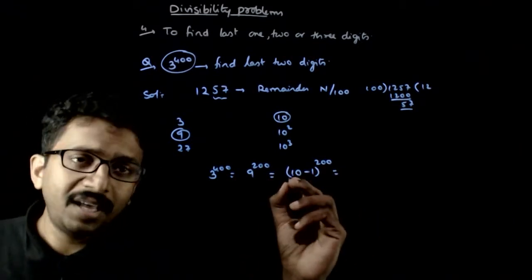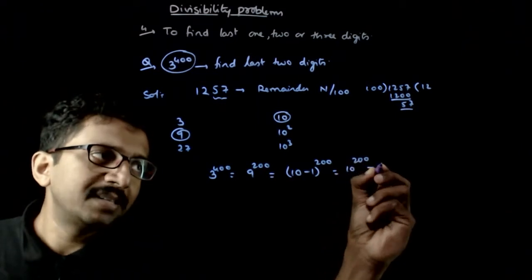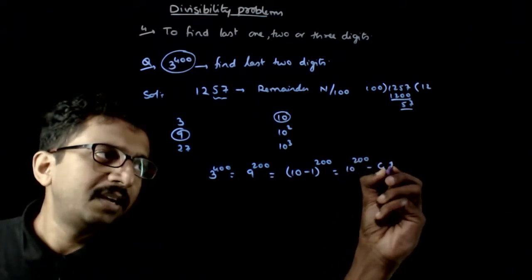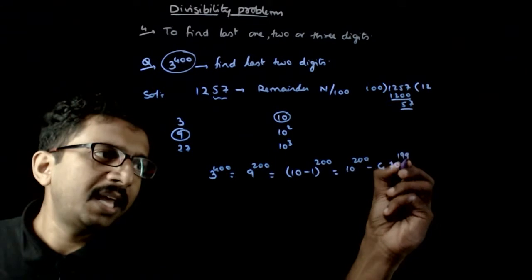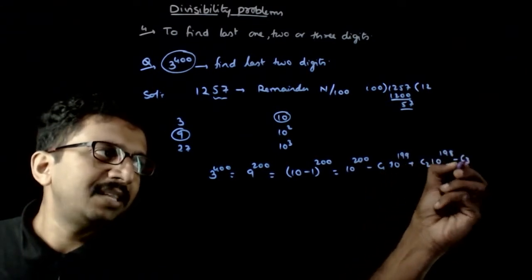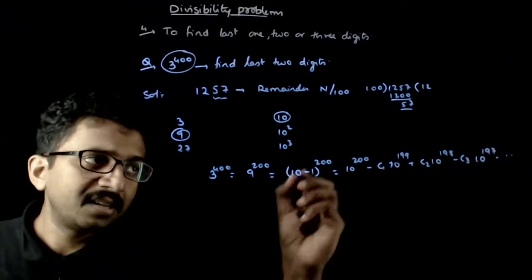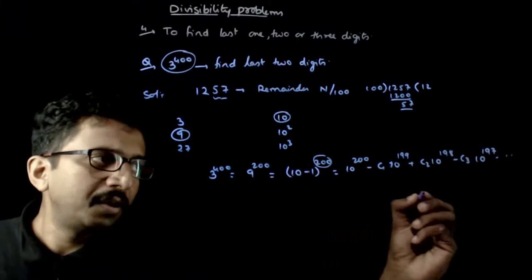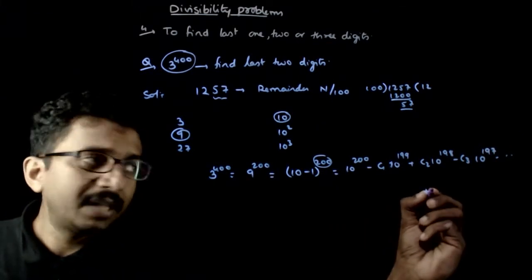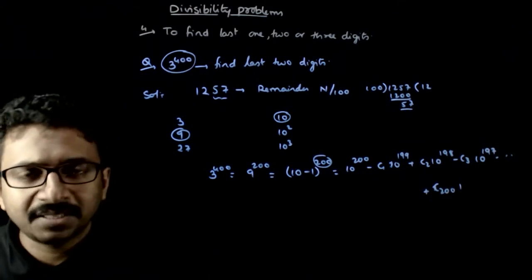If you do the binomial expansion, you get 10 power 200 minus C1 times 10 power 199 plus C2 times 10 power 198 minus C3 times 10 power 197, and so on. And because n is even, the last term is a plus C200 into 1.